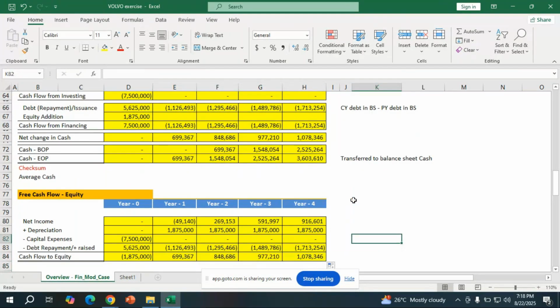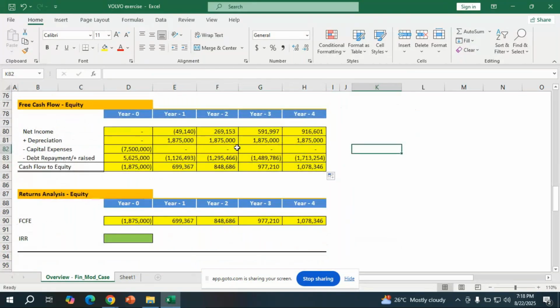That is your FCFE, free cash flow to equity. FCFE here towards your left hand side means free cash flow to equity. So this much is the amount to be raised via equity. So in year one, year two, year three, year four, how we are going to raise it is what is being put up here.